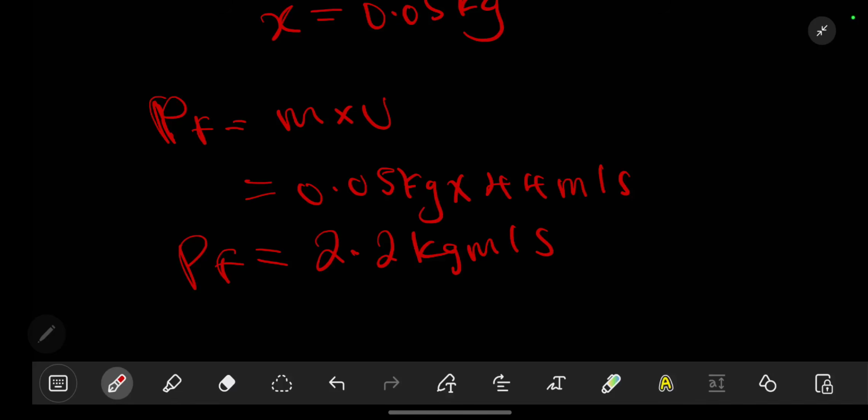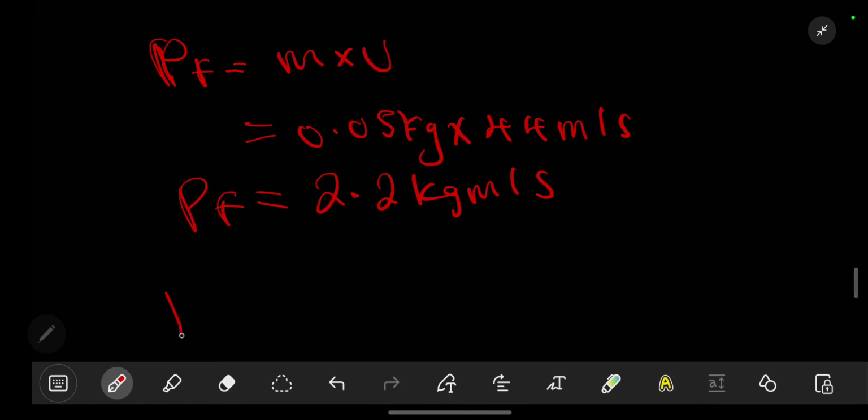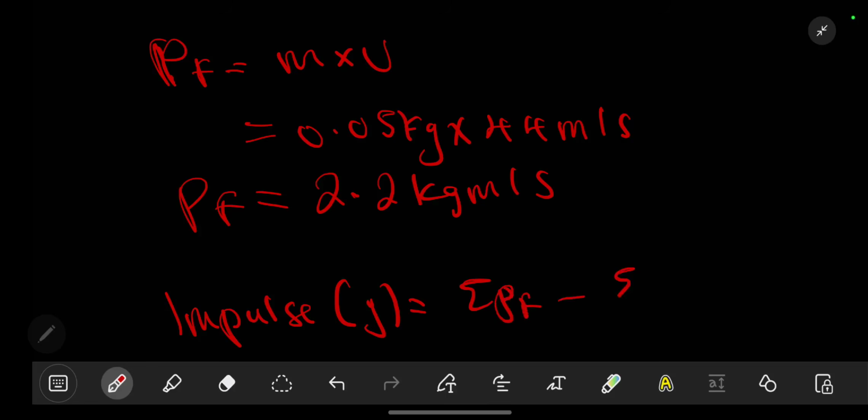If this is our final momentum, we can now say impulse should be equal to the summation of the final momentum minus the summation of the initial momentum.